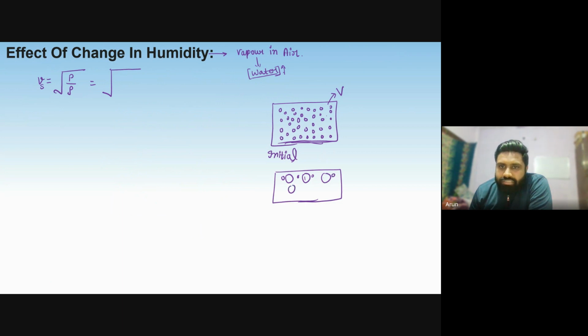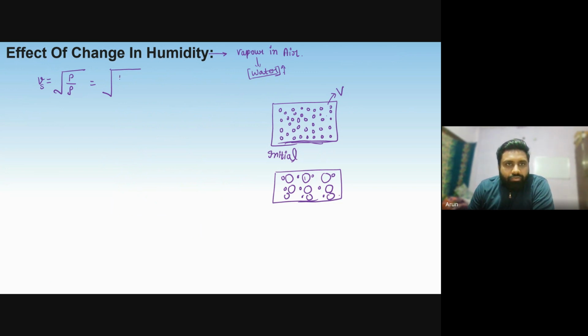These bigger balls are the atoms of hydrogen. Now what will happen?